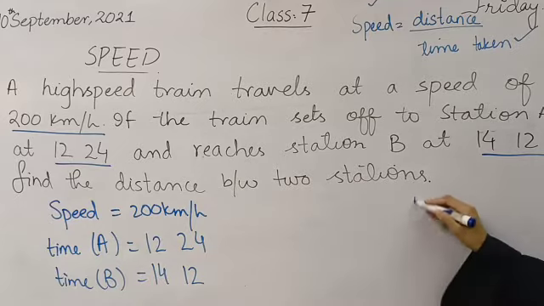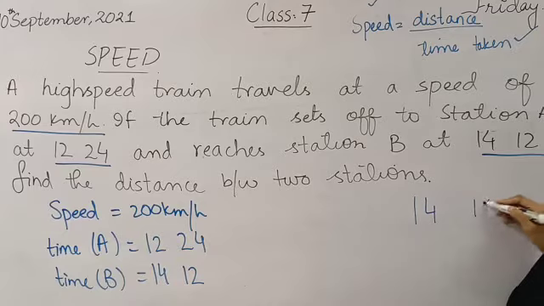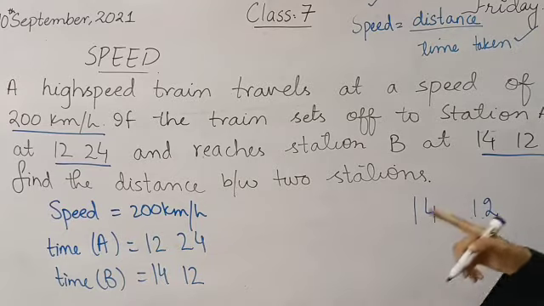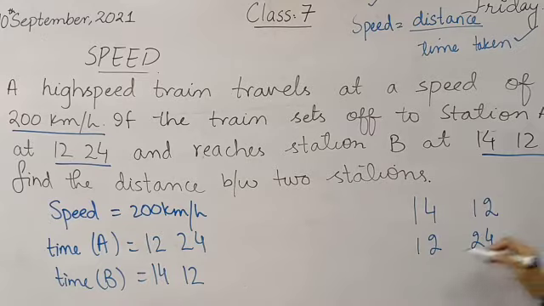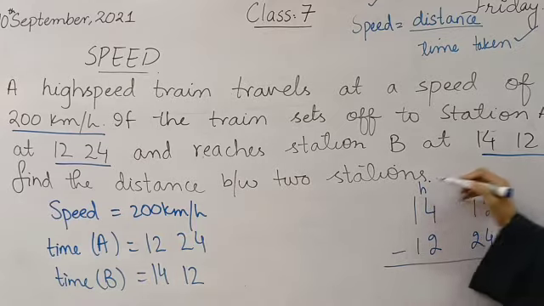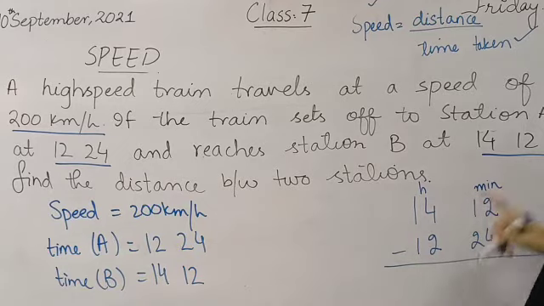We have 14 hours and 12 minutes, and the time at A is 12 hours and 24 minutes. Yes, we want to find out the difference. How will we find it? Look at the board carefully. These are hours and these are minutes. 14 hours and 12 minutes.